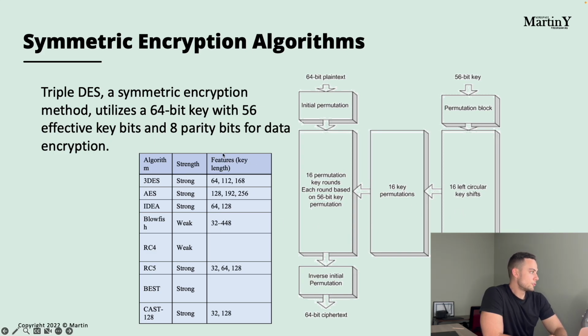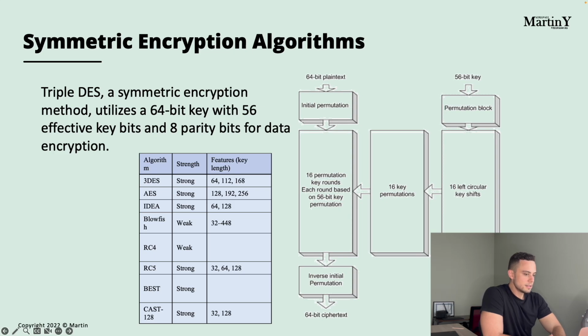Even though, for example, with the DES algorithm, we have all this process that you can see here for communication that makes it harder to break the algorithm, still you can see that the key is 56 bits, right?